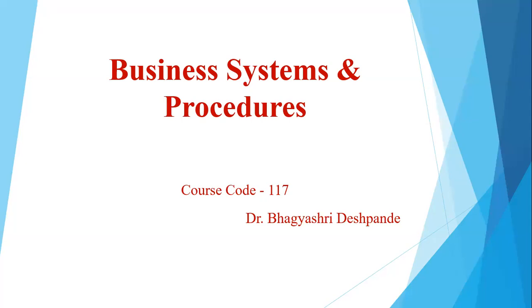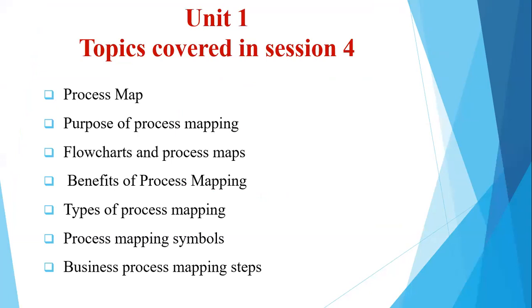Good evening, class, and welcome to our business systems and procedures. Now, I think up till now we are done with some 4 sessions. In the last sessions, we discussed the process map, purpose of process mapping, flowcharts and maps, benefits, types, business mapping symbols and business process mapping steps, right?